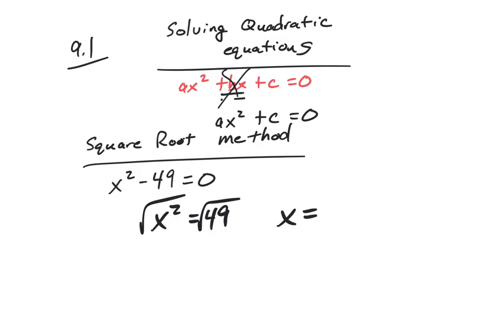Positive or negative 7. So a lot of times when we do a quadratic, we're going to have 2 solutions, okay? Not always, but a lot of times we will have 2 solutions, and so we want to put plus or minus 7 here. And the reason why is because when I square a negative, negative 7 times a negative 7 would be what, Shane?